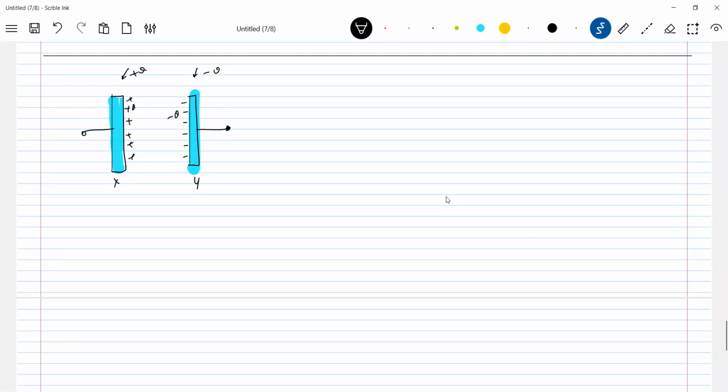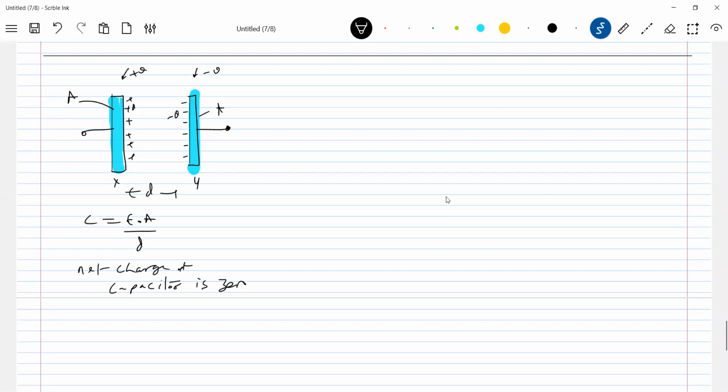So what is the capacitance? With the area of cross section of the plate A, how do you define capacitance? Epsilon naught A by d. Agree? So what is the charge of the capacitor? Net charge of the capacitor is 0. What is the charge?